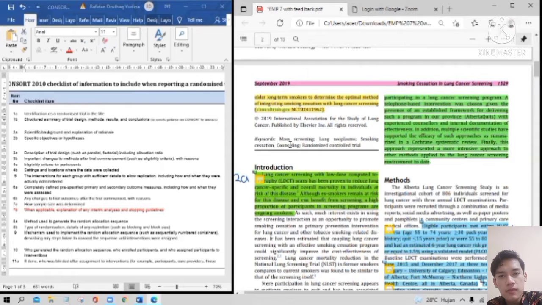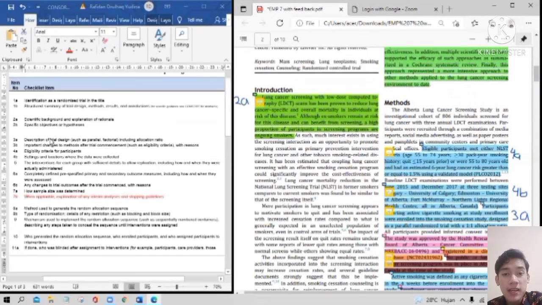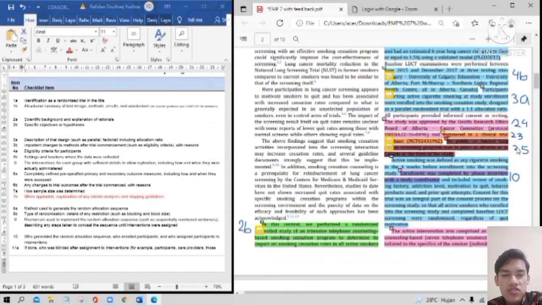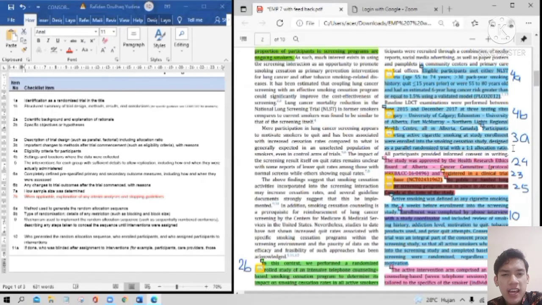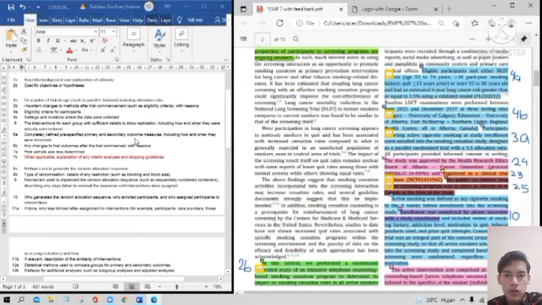Next, for the method section, number 3A, description of trial design including allocation ratio. You can see in the paragraph there is a ratio. And I think number 3B is not reported in this article, so we just move on to number 4A about eligibility criteria for patients.